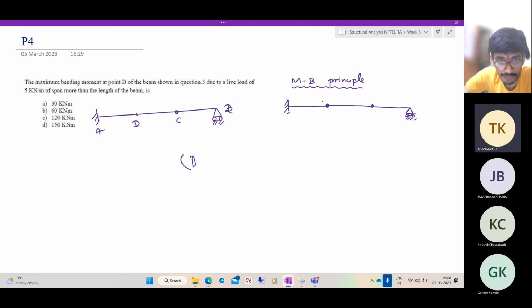If you take a small segment of the beam at the point D, there is a moment like this. On the remaining portion, it should be equal and opposite, MD.